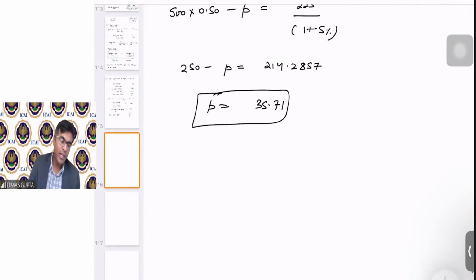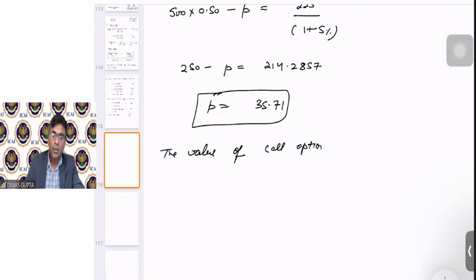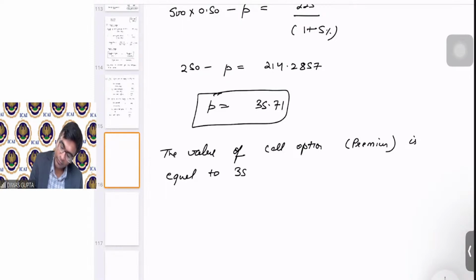Okay. So the value of the call option, which is the premium, is equal to 35.71.